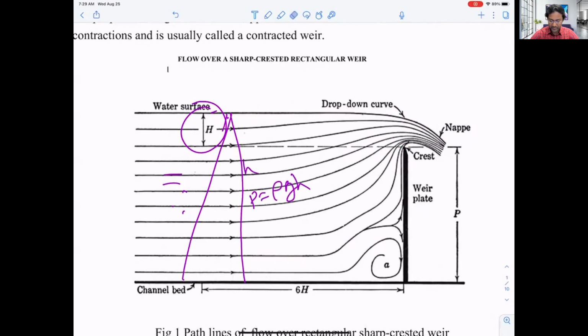So whatever the shape of the nappe is, at the upstream of the weir, the pressure should be hydrostatic, right?